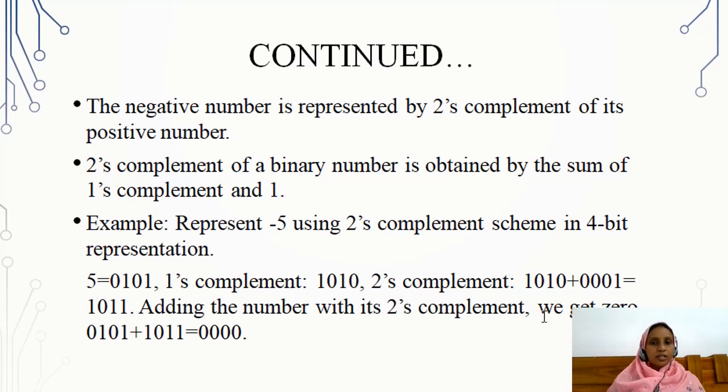We already found that a positive number added to some other binary number giving 0 means that number is its negative. That is the procedure we applied here. Our number is 0 1 0 1. If we add the 2's complement of this to it, we get 0. So the negative 5 is represented by 1 0 1 1.